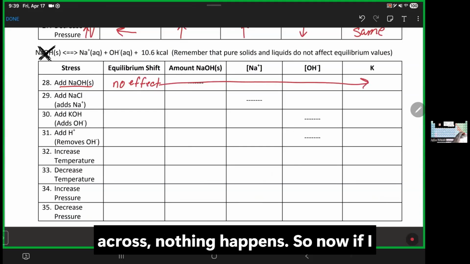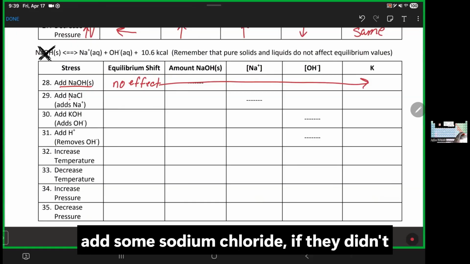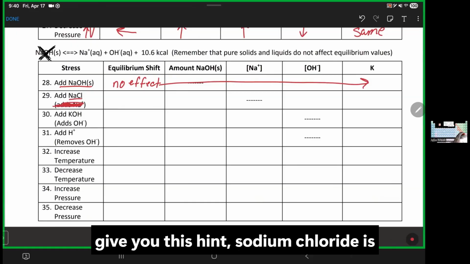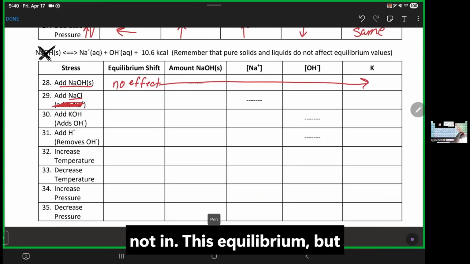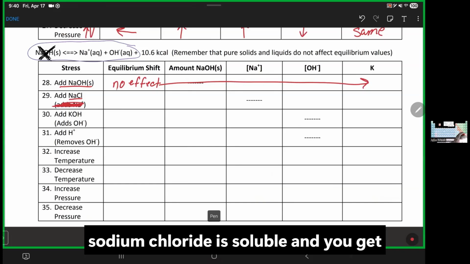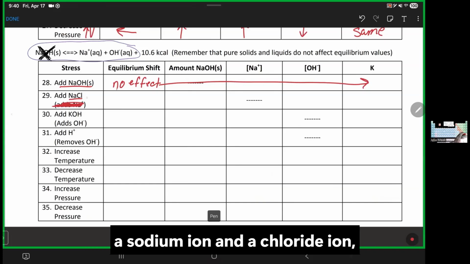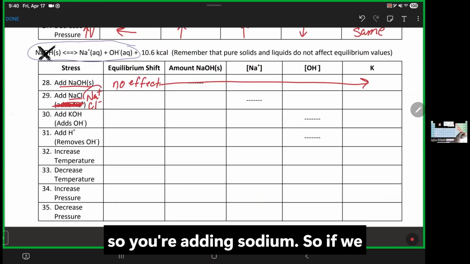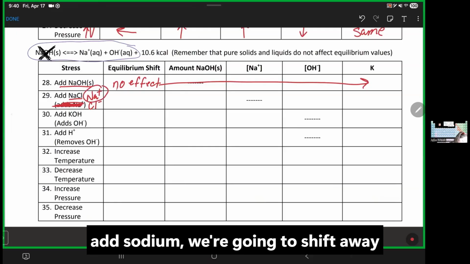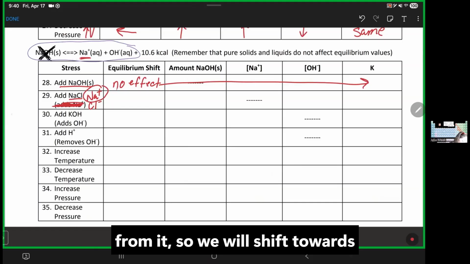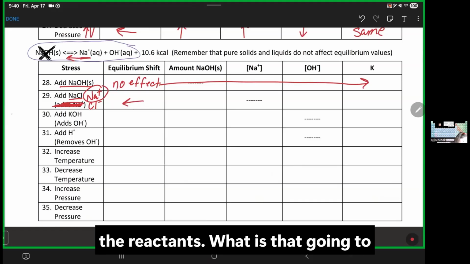Nothing happens. Okay. So now if I add some sodium chloride, if they didn't give you this hint, sodium chloride is not in this equilibrium, but sodium chloride is soluble and you get a sodium ion and a chloride ion. So you are adding sodium. So if we add sodium, we're going to shift away from it. So we will shift towards the reactants.